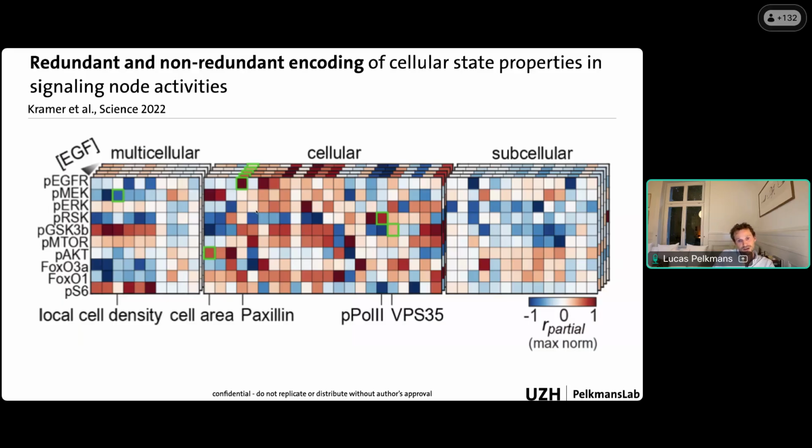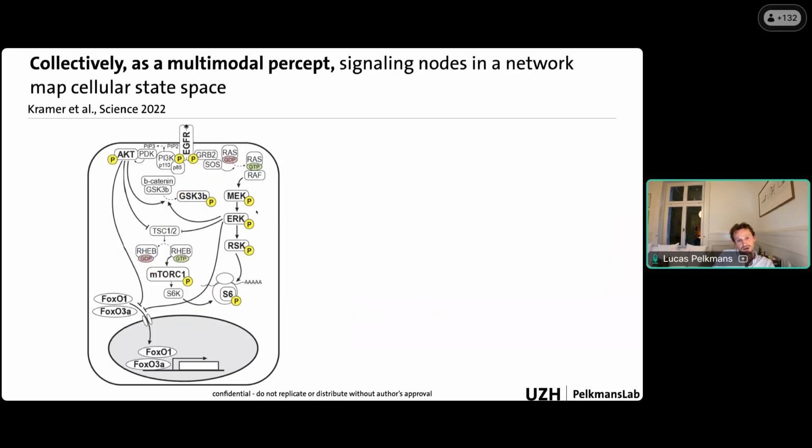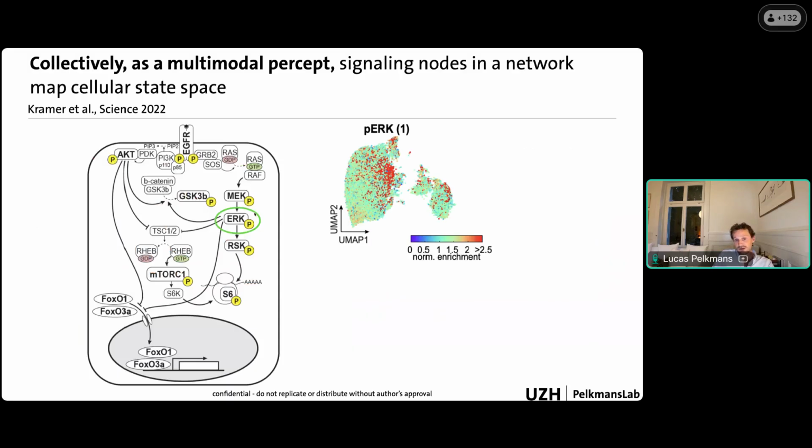So given this observation, we then asked, maybe collectively signaling nodes can capture enough information about cellular state space to allow individual cells to quite accurately know their position in cellular state space. So to do that, we took, for instance, an individual signaling node like phosphorylated levels of ERK and asked to which extent can individual cells know on the basis of those levels where they are sitting in cellular state space.